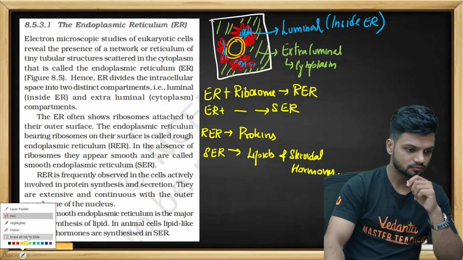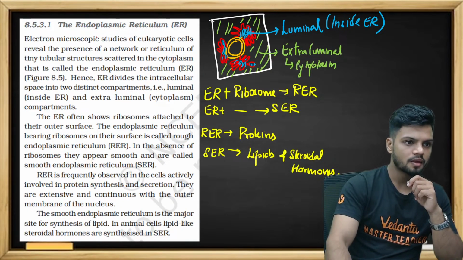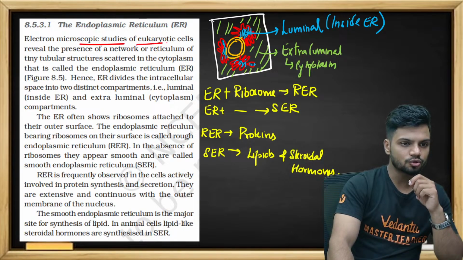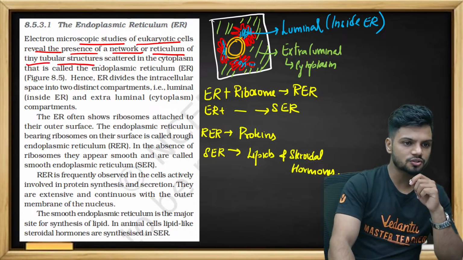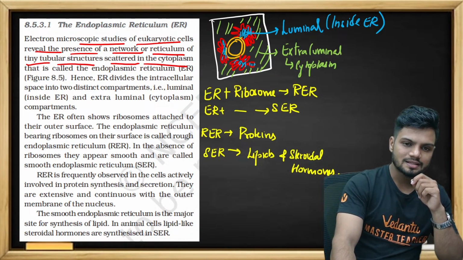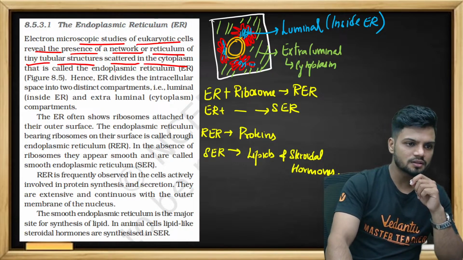That's all. Let's read what is given here. Electron microscope studies of eukaryotic cell reveal the presence of a network of reticulum. Can you see tiny tube-like structures scattered in the cytoplasm? This is called ER.